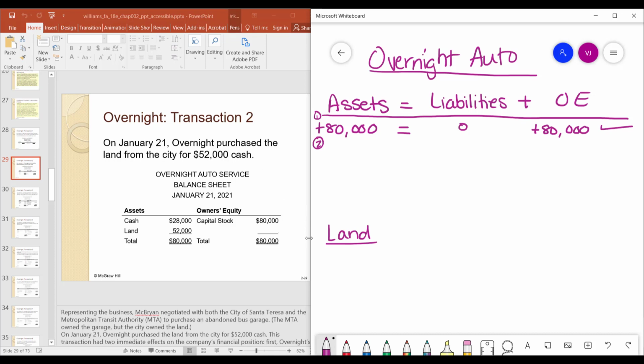It says they paid for the land in cash. So what happened to Overnight Auto's cash balance? Remember, prior to this transaction, we know that there's now $80,000 in that cash account. But now when they're buying land for $52,000, what do you think is happening to this cash account? It is dropping. And exactly how much is it dropping? $52,000.